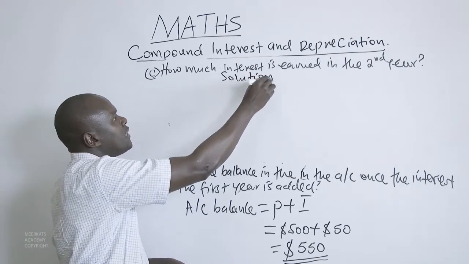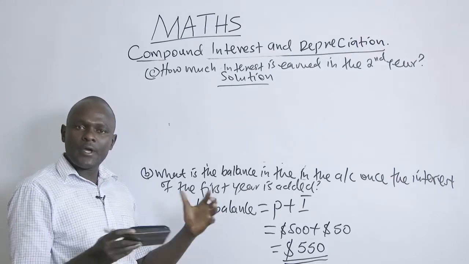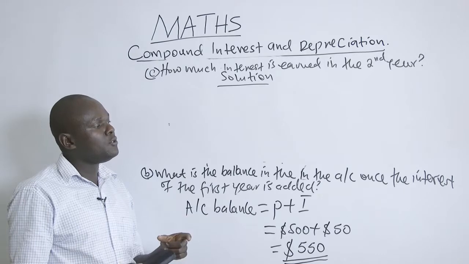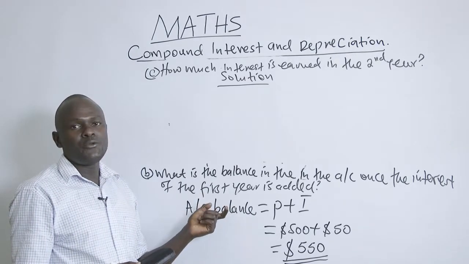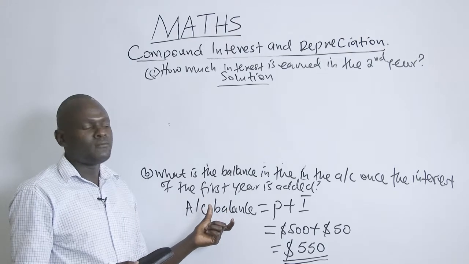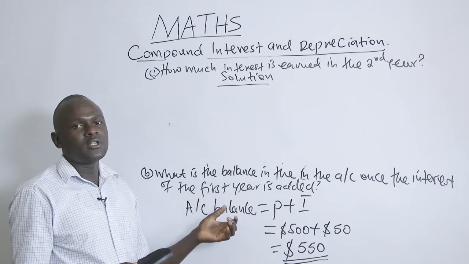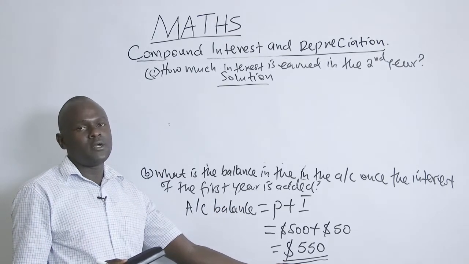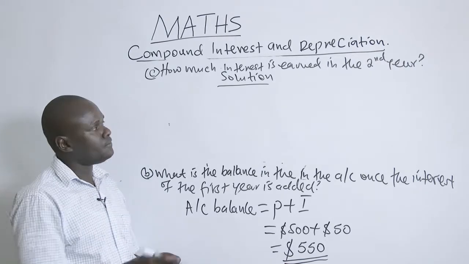As we have observed in the first example, in the second year we are going to have a new principal. This principal will not only include the initial principal invested, but also the interest accrued during the first year. So this amount of $550 will be our new principal during interest calculation in the second year.